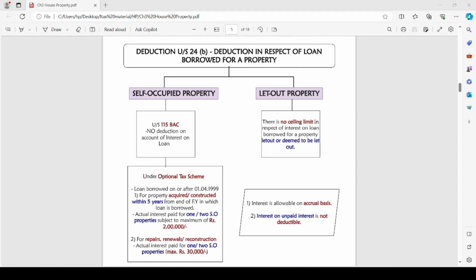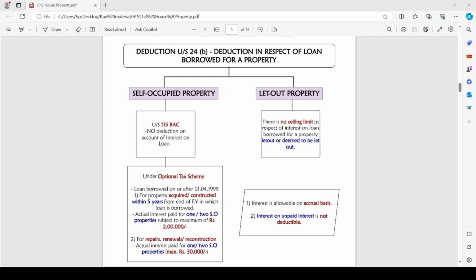So under the optional tax regime, what our income tax provision says is, the assessee here has borrowed a loan. He acquired or constructed the property, that too within 5 years from the end of the financial year in which he borrowed the loan. In such a case, he can claim the actual interest paid for either one or two of the self-occupied properties.